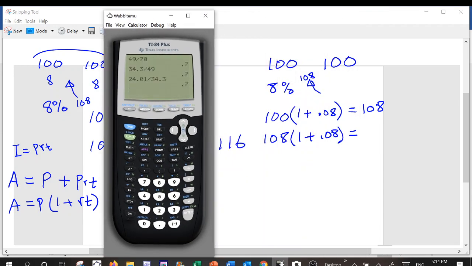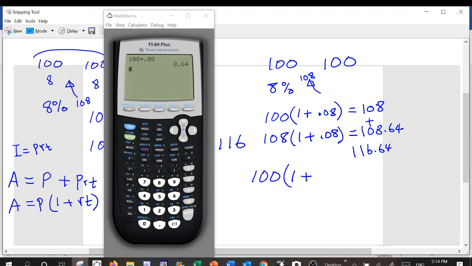So what is 8% of 108? It is 8.64, so that would be 108 plus 8.64, which is 116.64. But instead of doing it 1 year at a time, you could just do 100 times 1 plus 0.08, to the second power.